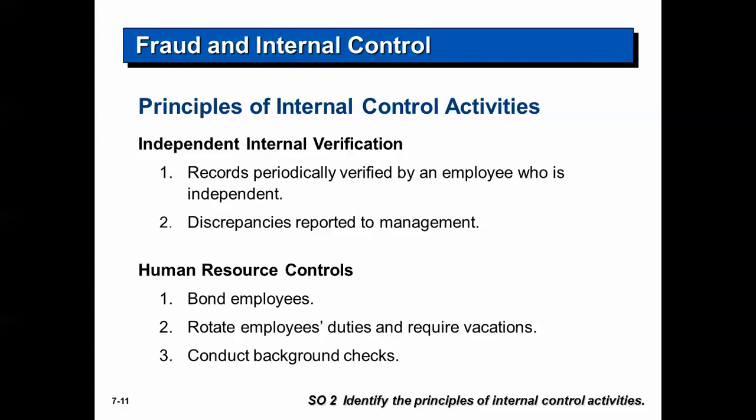First of all, the way you assign duties. You can rotate employees and make them take vacations. So that you have somebody in one job for a while, then you make them move to another job and have somebody else in that job, so that if they were doing anything, it would be difficult because you're rotating them.